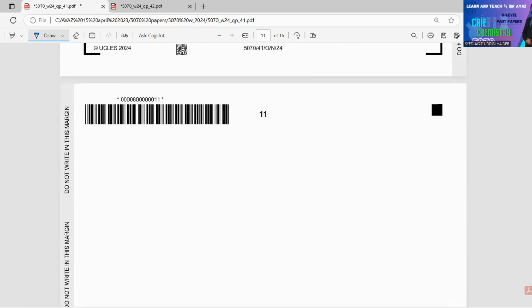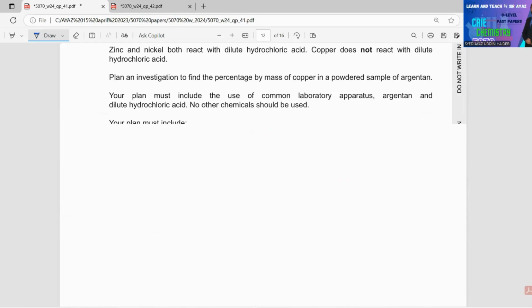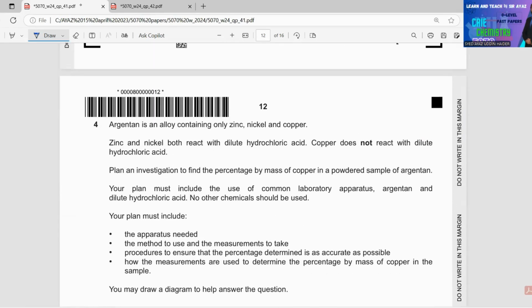Moving to the last question, just question 4 here. Argentine is an alloy containing only zinc, nickel, and copper. Zinc and nickel both react with dilute hydrochloric acid. Copper does not react with dilute hydrochloric acid. Plan an investigation to find the percentage by mass of copper in a powdered sample of Argentine.